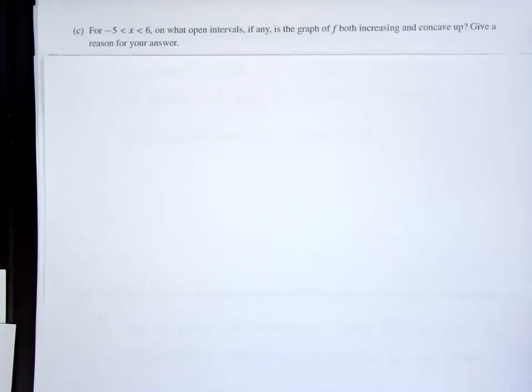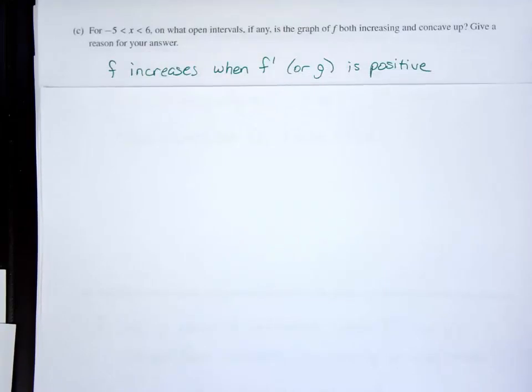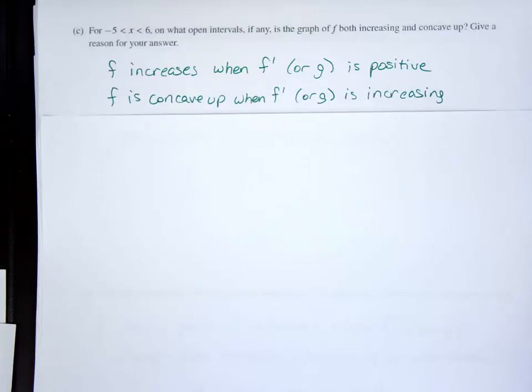We are given the graph of f prime, so those are the two functions that we can use in our justification. So we can say that f is increasing when f prime, or you could use g if you want to, is positive, and f is concave up when f prime or g is increasing. So we have to answer the question about f dealing with f prime.